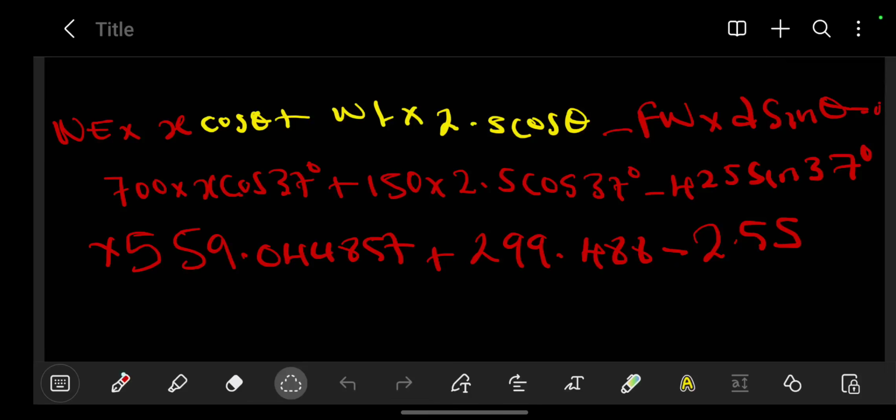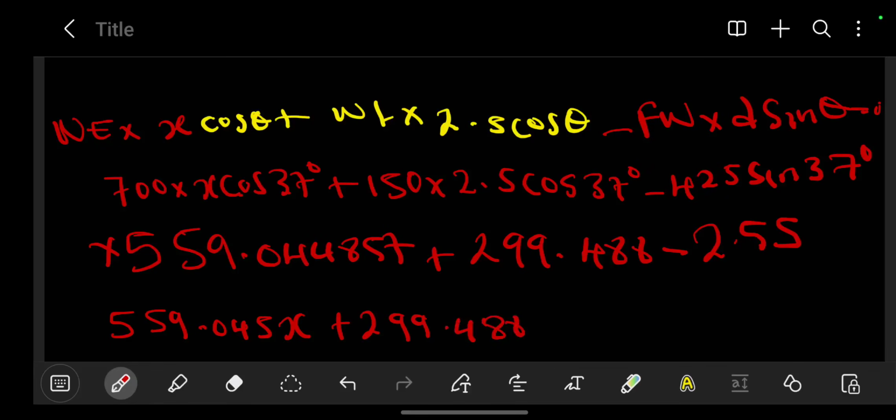Okay, so let me write properly. So we have 559.045 x plus 299.488, then 425, there should be times the distance, which is 5. So we have 425 times 5 sine of 37 degrees should be equal to 0.